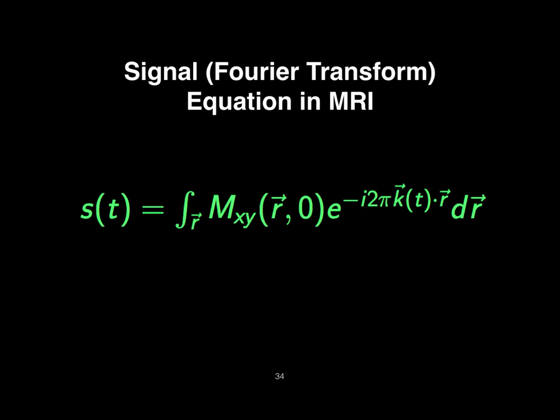So if we invert this with the signal that we detect, we essentially get back an image in x, y, and z. The Fourier transform pair here is between k-space, which is a function of time, and position. It's a little bit abstract, but this is how it's formalized.